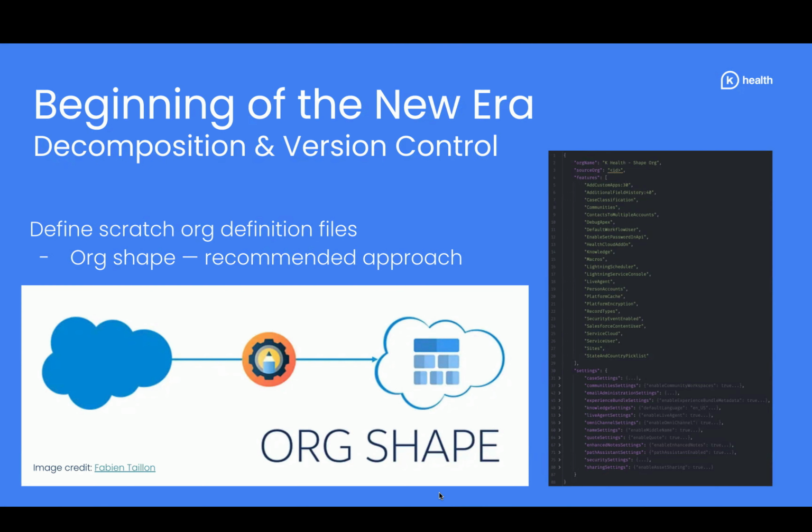At the point we started, we didn't have org shape. I think that was in beta, and we didn't use that. Now we use it. It's amazing. It's much easier, but still, the file that you get is relatively big. And once you are building up this configuration file, you also try to deploy your decomposed packages.